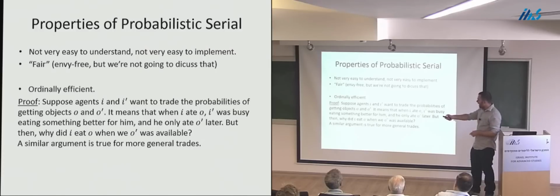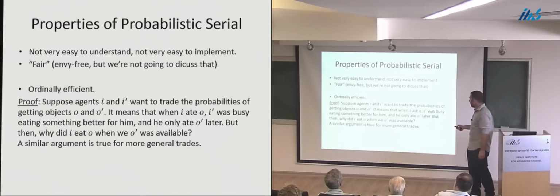It means that i likes o prime better than she likes o, and i prime likes o better than she likes o prime. Okay? Suppose, without loss of generality, that i ate o before i prime ate o prime. Okay? So when i ate o, i prime was either eating o as well, or was eating something else that was better for i prime.